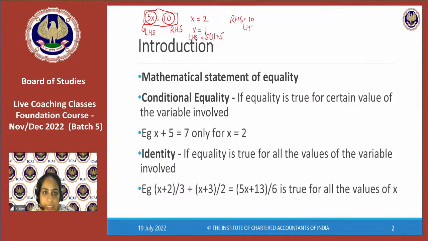Since LHS is not equal to RHS, the condition of equality is not satisfied here. So conditional equality arises when the condition of equal is holding true for certain value only.